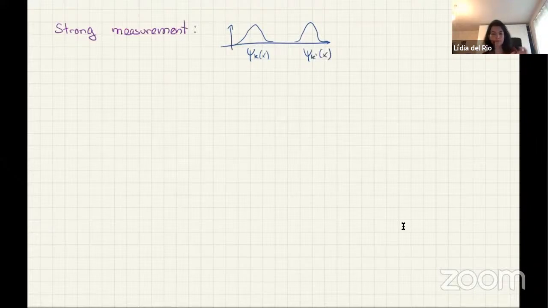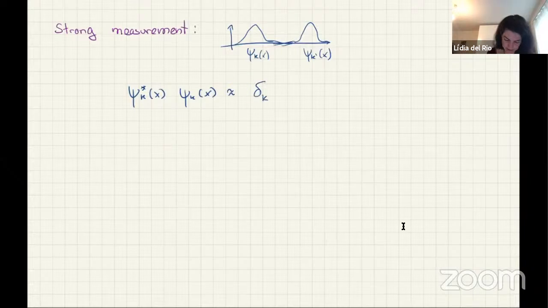So they don't overlap. Okay, so in this case, let's say that if you multiply the two wave functions, this is 0 unless they are the same, they correspond to the same outcome. You never get this perfectly, but you can kind of approximate if these tails are very small. So this is approximately delta K K prime, and then this. Yeah.